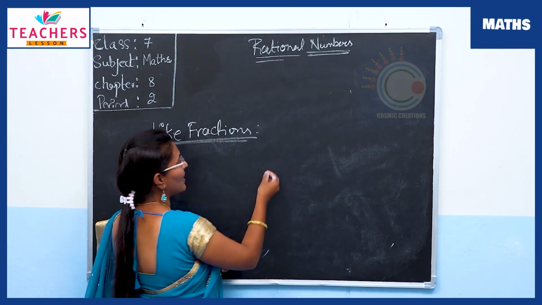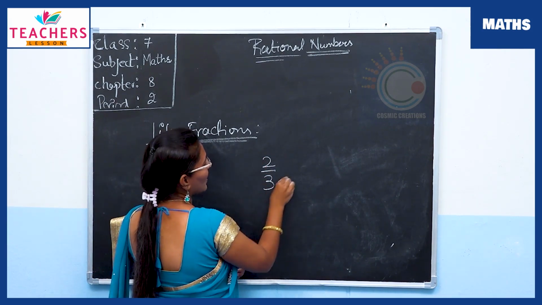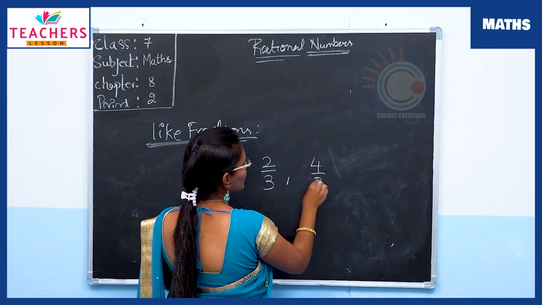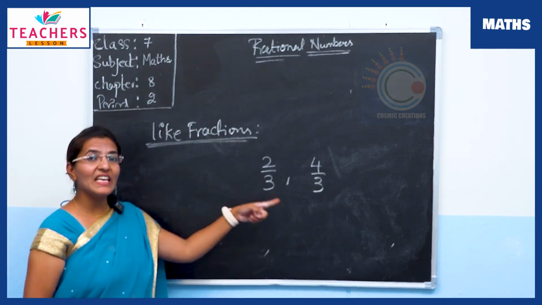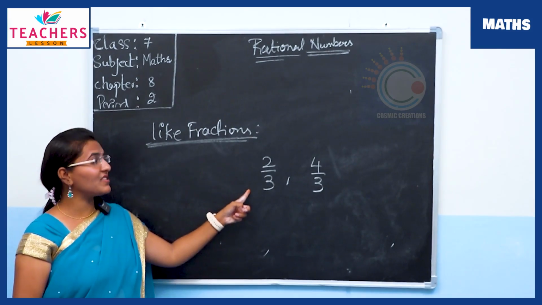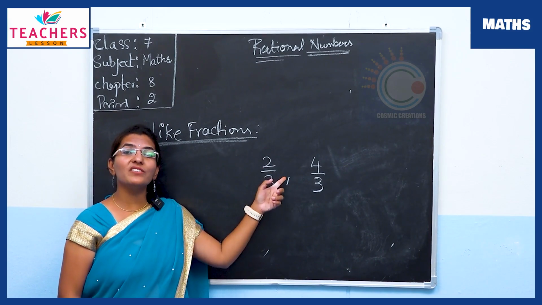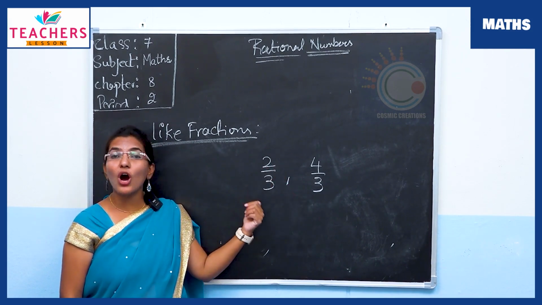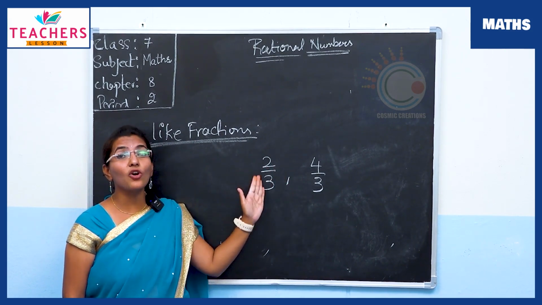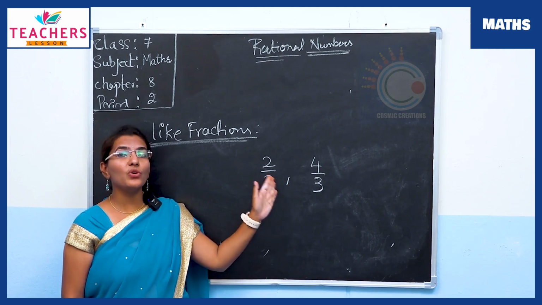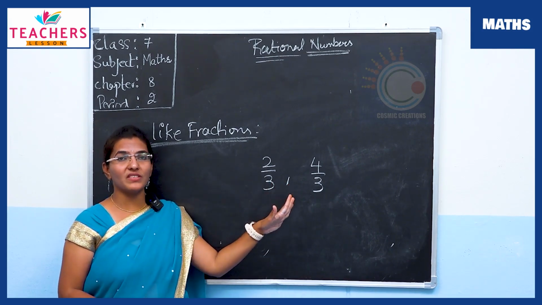For example, I can take 2 by 3, comma 4 by 3. Now I can say these two are like fractions. That means if they ask whether 2 by 3 is greater or 4 by 3 is greater, how will you write? When the common denominator is there, then you can compare both the numbers, isn't it?